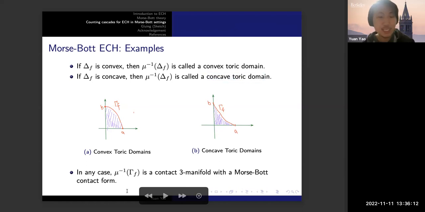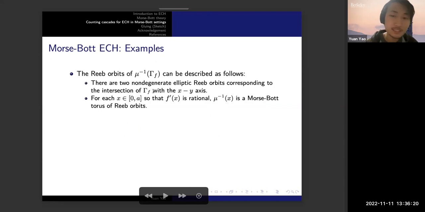In any case, the pre-image under the moment map of the graph of f is a contact 3-manifold with a Morse-Bott contact form. The periodic Reeb orbits are described as follows. There are two non-degenerate elliptic Reeb orbits corresponding to the intersection of the graph with the xy axes. And then for each x in 0 to a on the x-axis such that the derivative of f is rational, the pre-image of this x is a Morse-Bott torus of Reeb orbits.